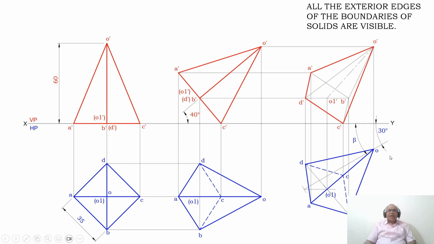Then he says the axis is inclined to VP at 30 degrees. The inclination given with respect to VP is the true inclination, as we see in the second position front view. Once the axis becomes inclined to HP, you will get the apparent length.